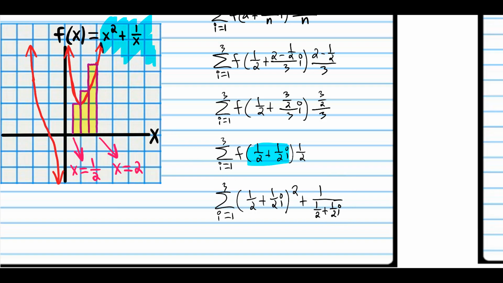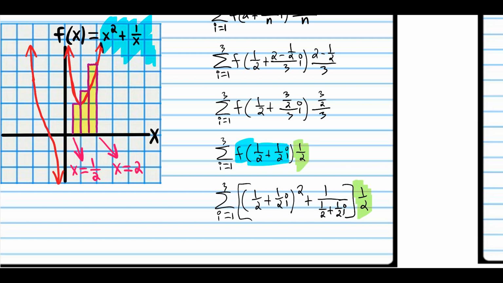Then I'm going to multiply all of that, so I probably could use brackets here. I'm going to multiply all that by 1/2, and that 1/2 came from there. So this whole f of 1/2 plus 1/2 i, that is all of this.